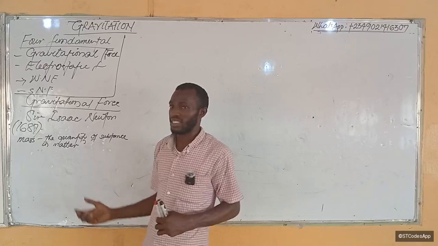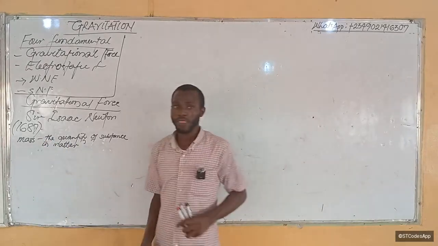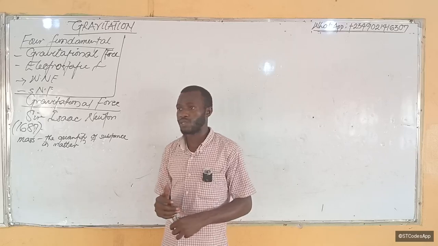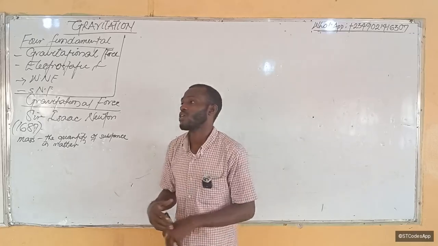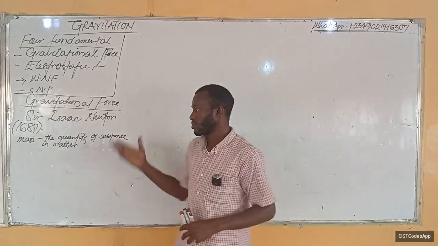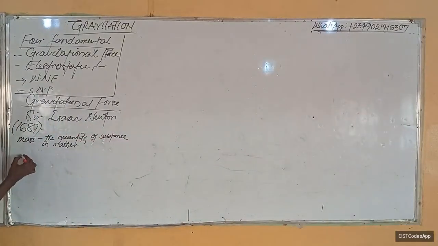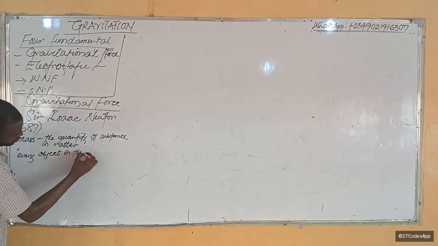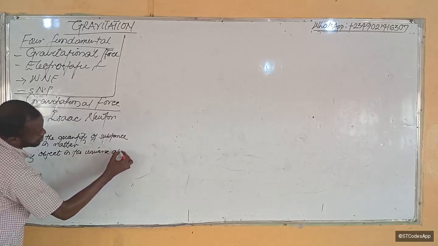So he observed that there was a force of attraction between masses, between objects in the universe. He was trying to draw the picture of how the universe works, and he made a postulation, which goes thus, that every object in the universe attracts.